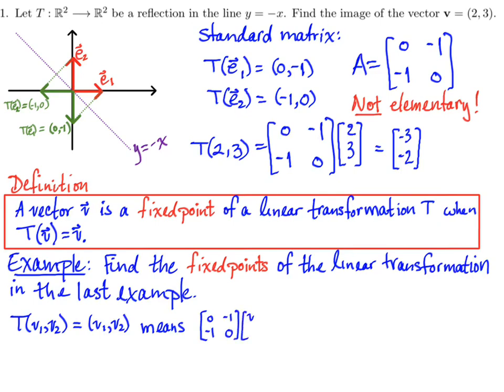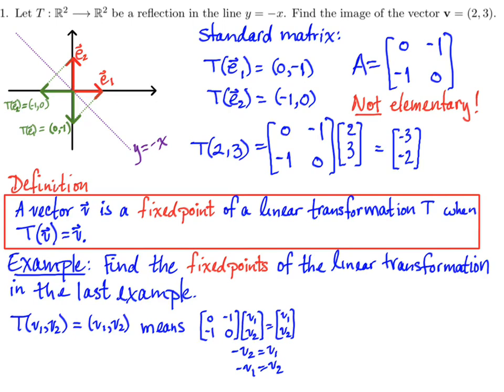That means that the standard matrix A times V1, V2 has to be equal to V1, V2. And if we do that product, we get 2 equations. We get negative V2 equals V1, and negative V1 equals V2. These are 2 equivalent equations that basically say the 2 components are just opposites of each other. So those are actually just all the vectors that lie on the line y equals negative x.